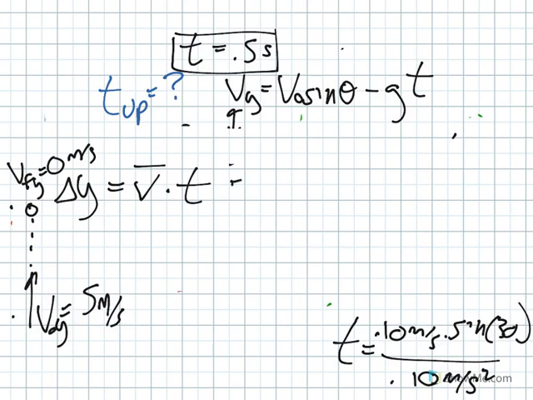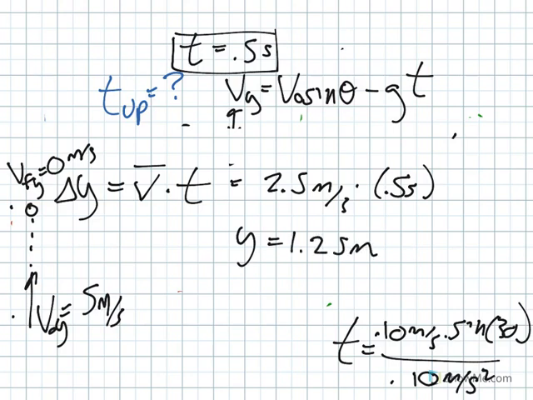It's 2.5 meters per second times 1/2 second. So that gives you a distance of 1.25 meters. That's how high it goes. That's the highest position, and that occurs during the midpoint of its flight.